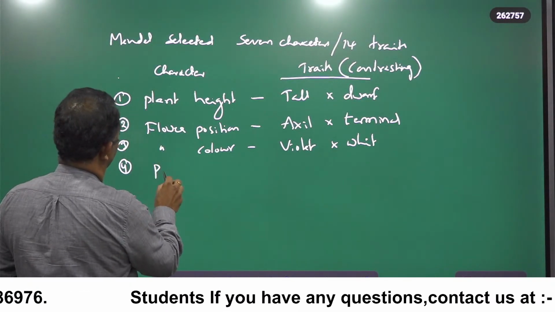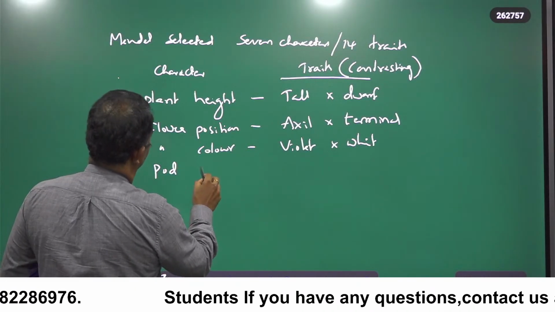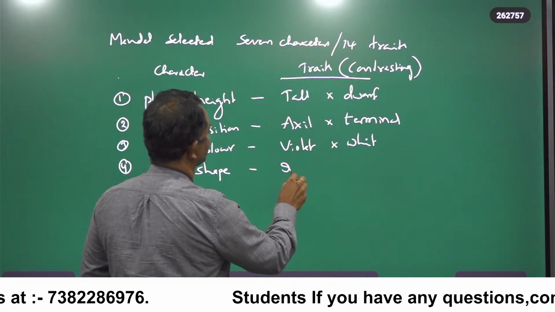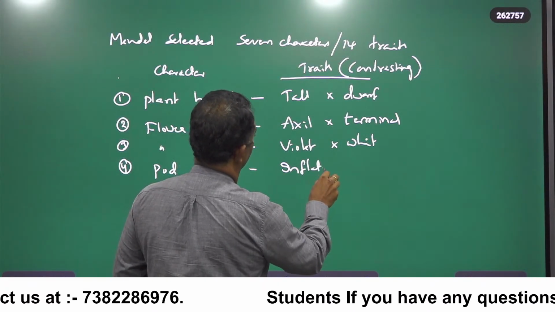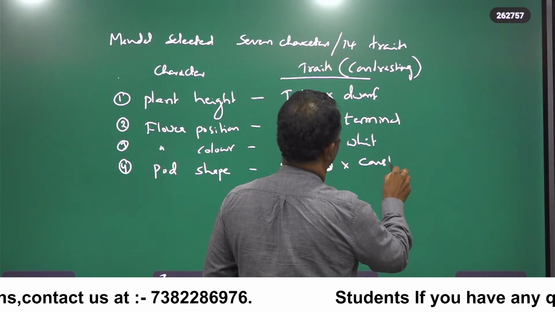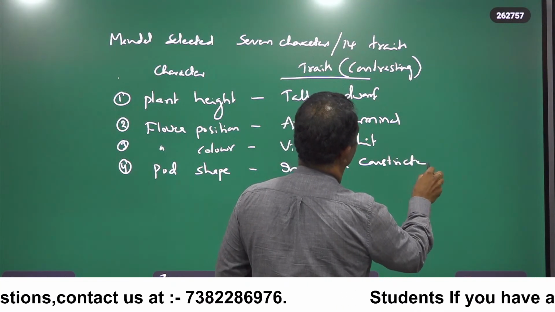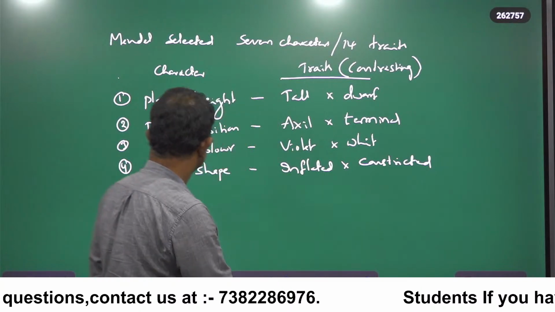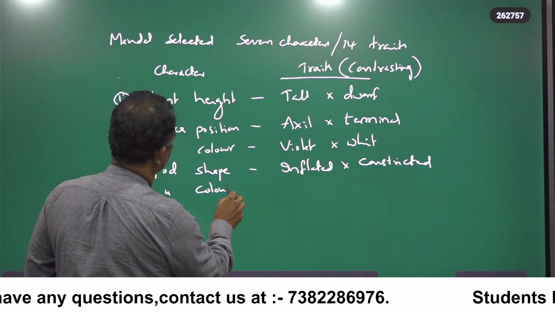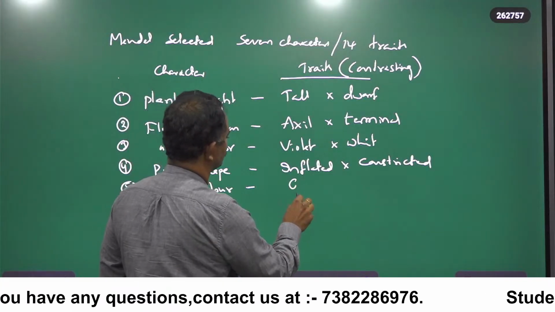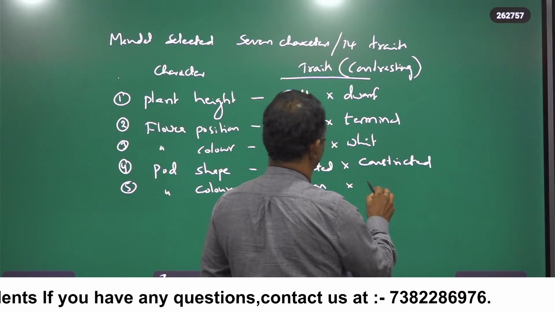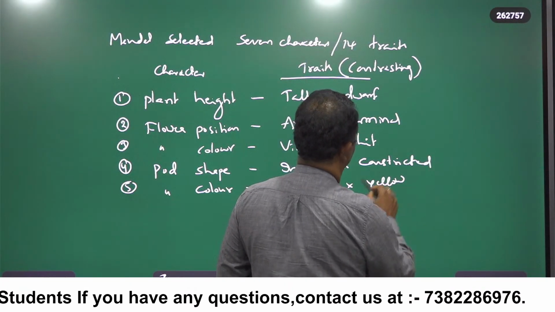Fourth one, pod shape: inflated is dominant and constricted is recessive. Fifth one, pod color: green is dominant and yellow is recessive.